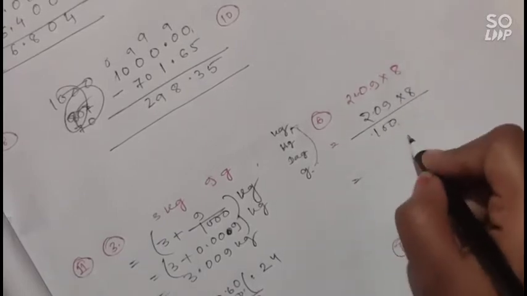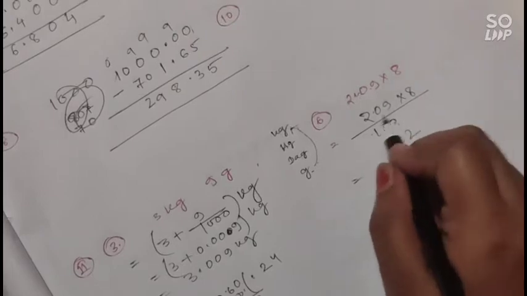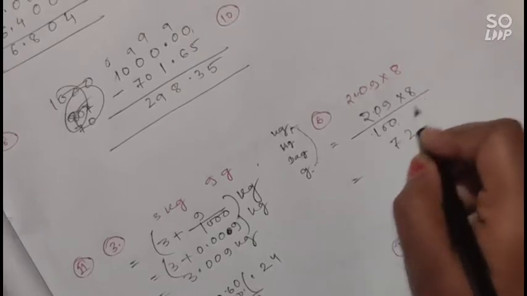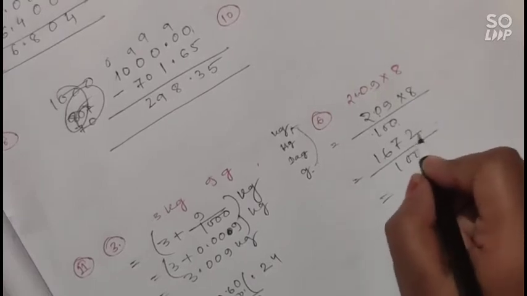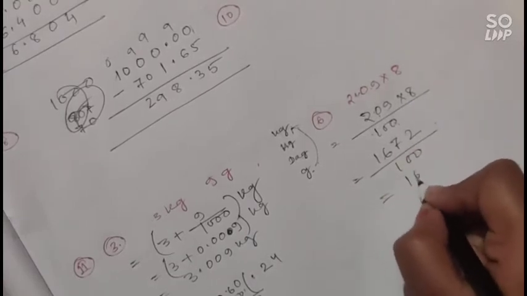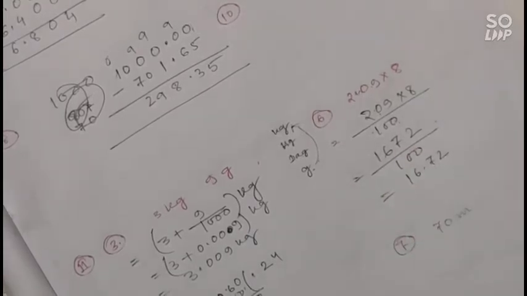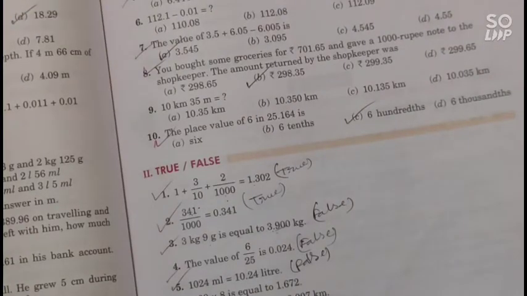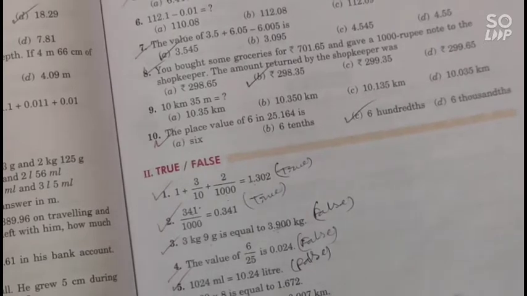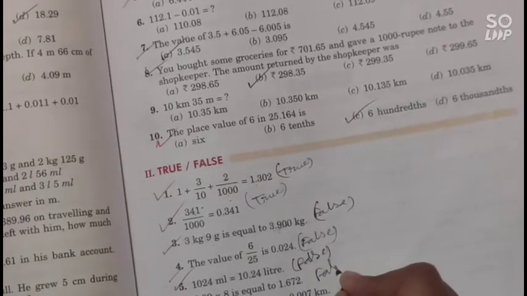Now we will multiply this. 8 9s are 72, 8 0s plus 7, 8 2s are 16, 100. So you have to place the decimal point before 2 digits. So 16.72. This will be the answer, 16.72. But here it is written 1.672. So this will be false.